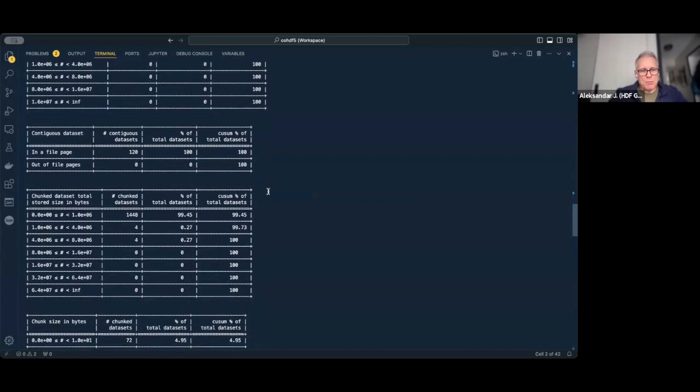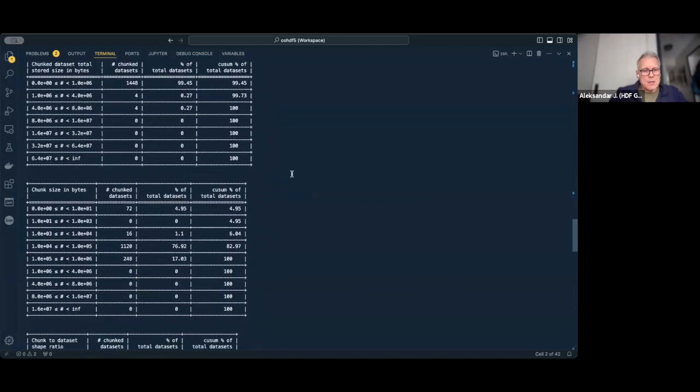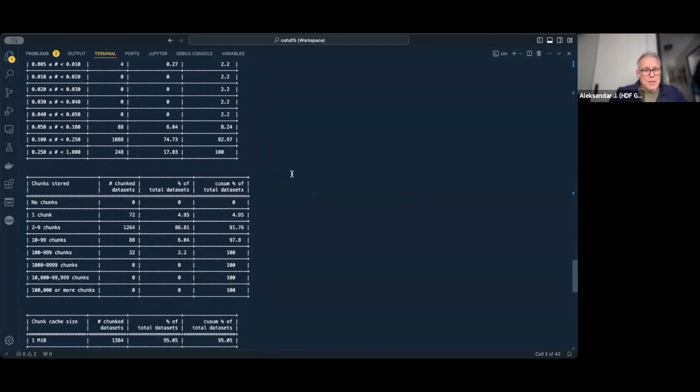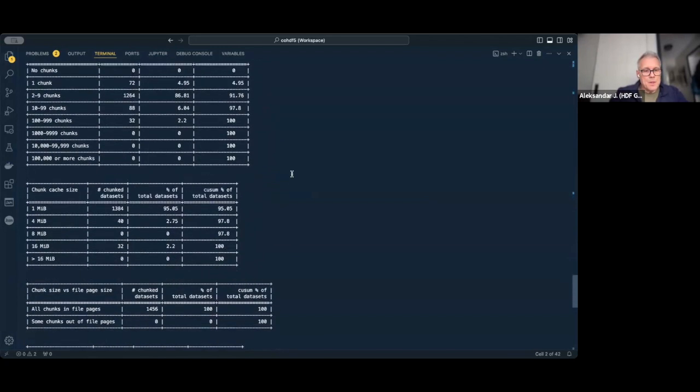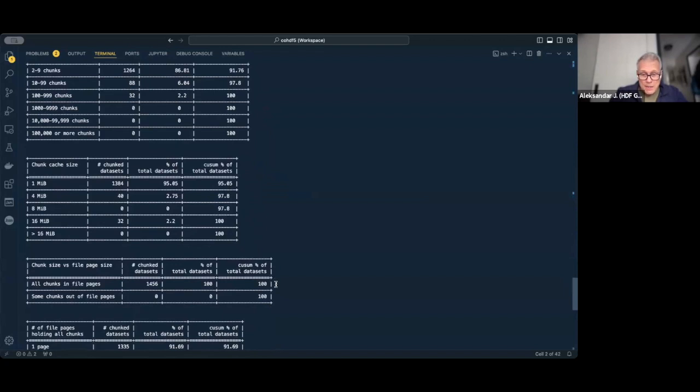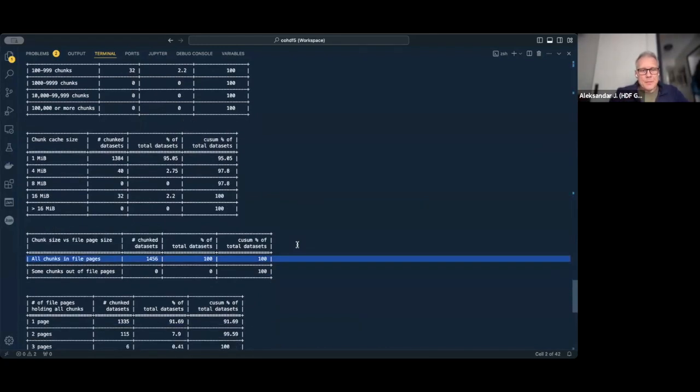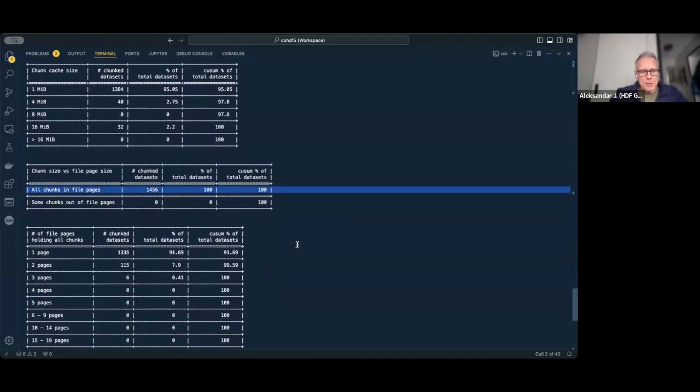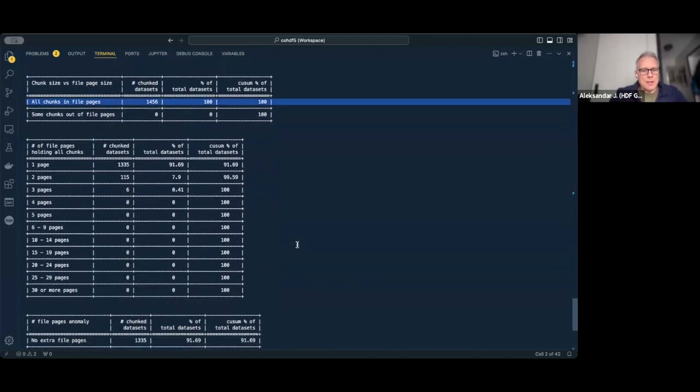The only thing I want to mention here is that all the contiguous data sets and all the chunk data sets fit into file pages. So their size is such that they can all fit, which is obviously what you want to achieve. Other than that, I'll just skip it because I talked at length in September.